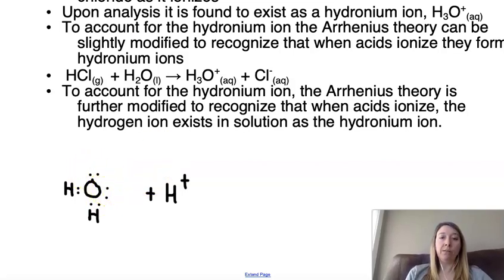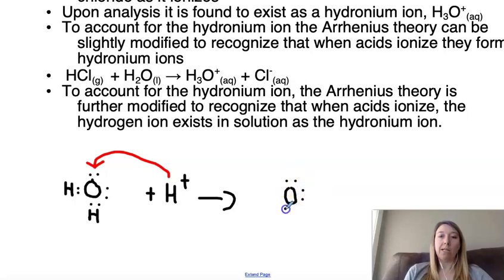So this hydrogen is going to come along and say, hey, let's share. And it's going to tack itself into one of those spots. Okay, it could go here, could go there, it doesn't matter. And then what we wind up producing is hydronium, which is written as H3O+, and that's because now we have this, and we're going to have those 3 hydrogens.